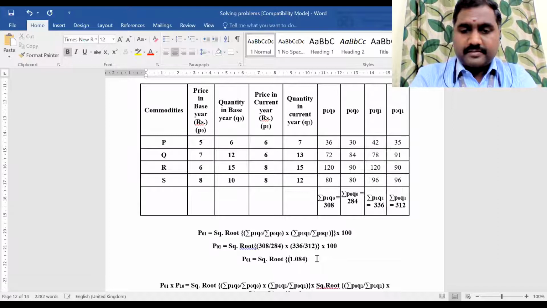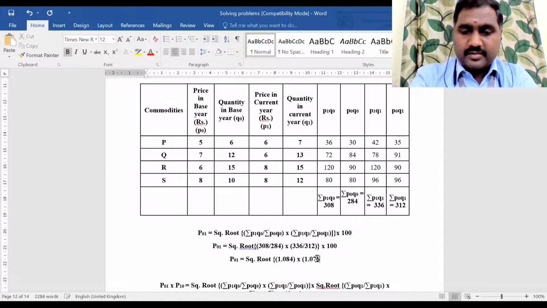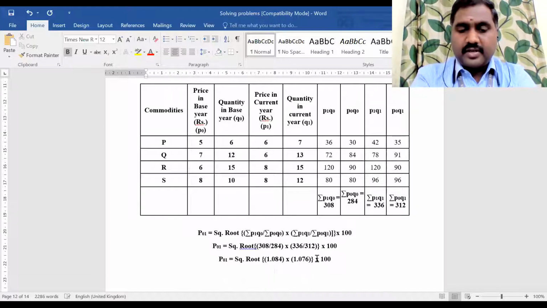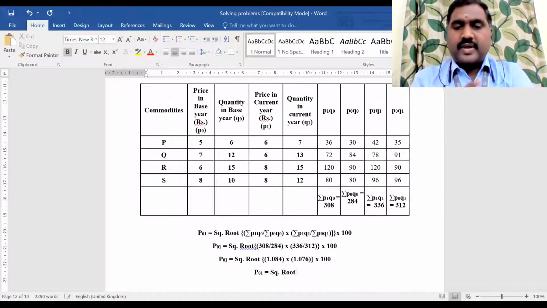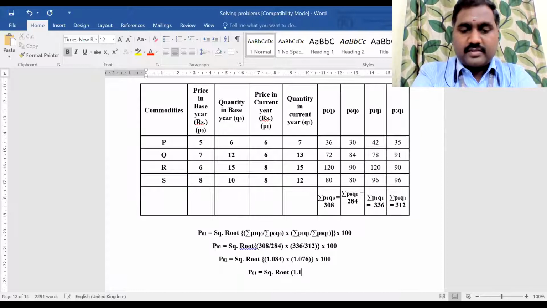Then what is the value of 336 divided by 312? 1.076. Okay, good. Close the bracket into 100. Now what is the value of 1.084 into 1.076? 1.167, into 100.